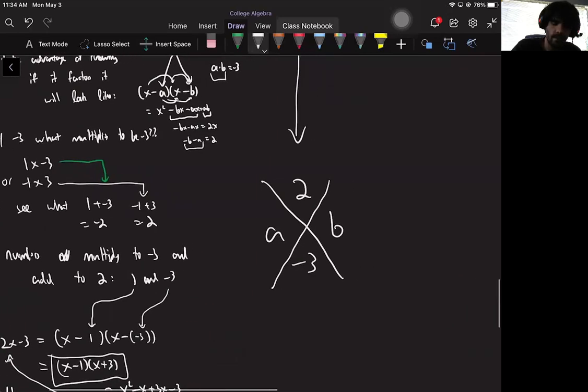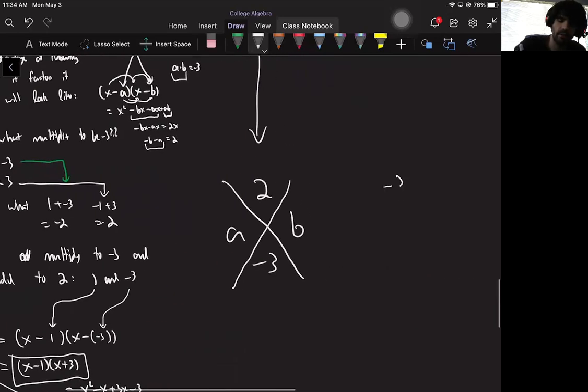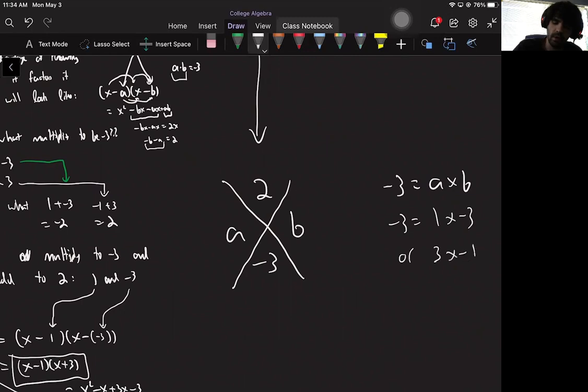So you're saying -3 needs to be A times B. And so that means -3 can be either 1 times -3 or 3 times -1. And then you're still doing the same thing, checking if they add up to 2.